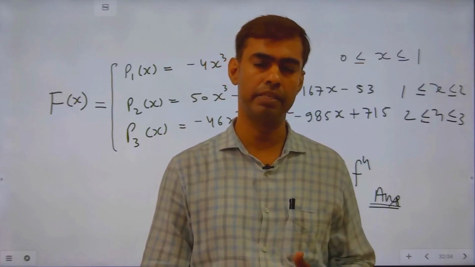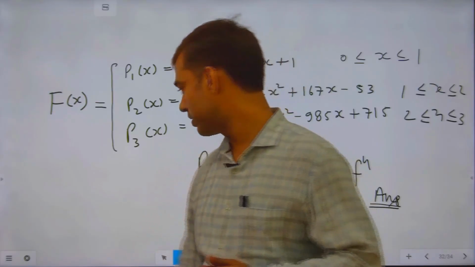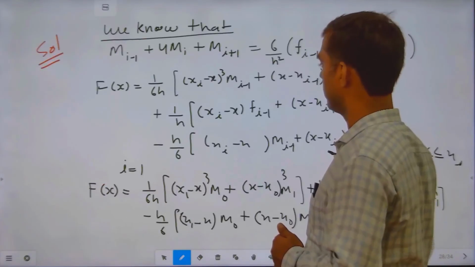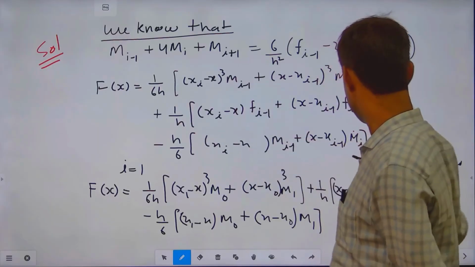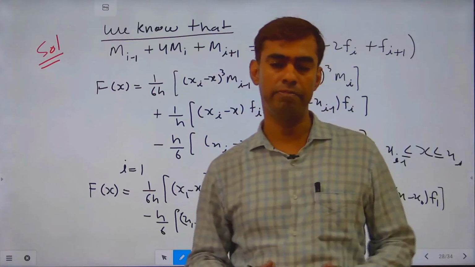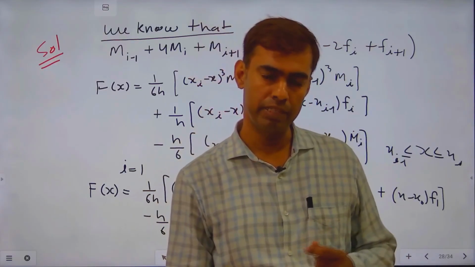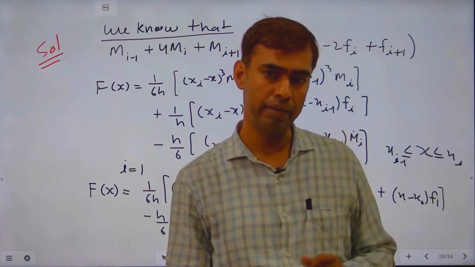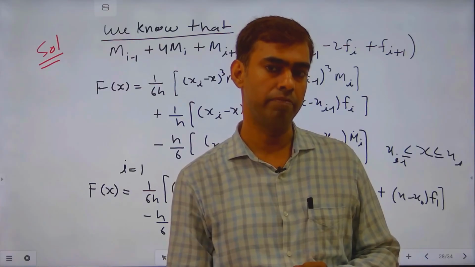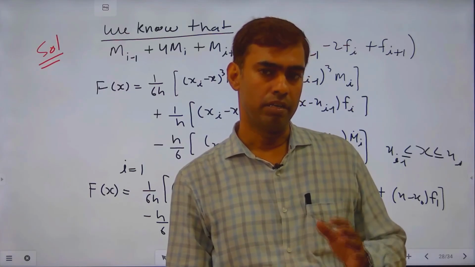First of all, we write fx for different class intervals, then we write a second equation, a relation between mi and fi, and then we put i equal to 1 in fx, then we find the fx for x0 to x1, and in the second equation, which is a relation between mi minus 1, mi plus 1, fi minus 1 and fi plus 1, we find the values of m0, m1, m2, m3.